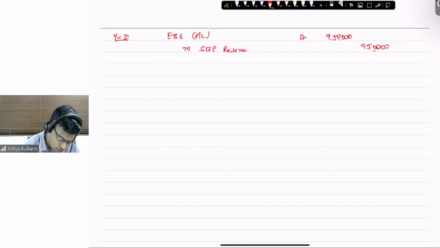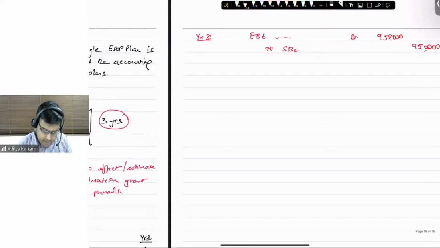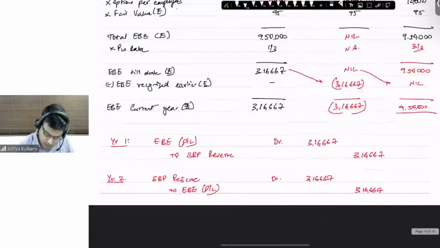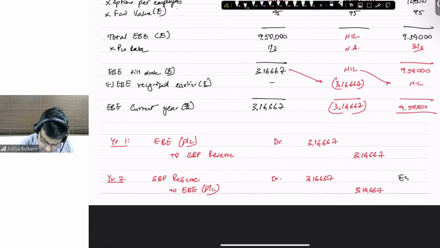So what I want you to appreciate is the fact that just by a mere estimate, I have been able to reduce my P&L expenses by 3,16,000. So there is a huge amount of manipulating the profit figures in these kind of chapters. So chapters like stock options, chapters where there is a lot of estimate based accounting, there is obviously going to be a huge scope to manipulate the profit.